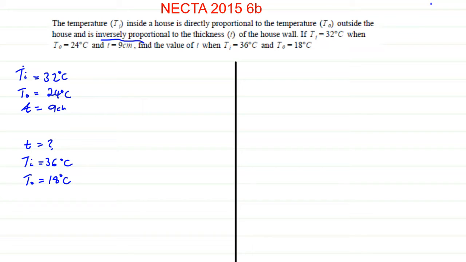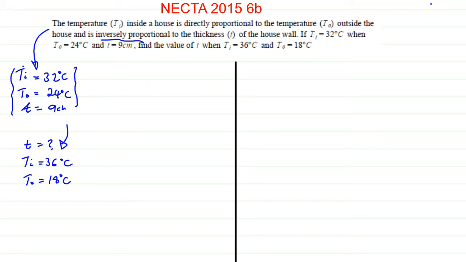Right, so what I've done, I've taken out all that information and just put it here and here, to make it easy for me to understand. And this is what you should do first. So we've got all this information and we are told to find T when Ti equals 36 and To is 18.